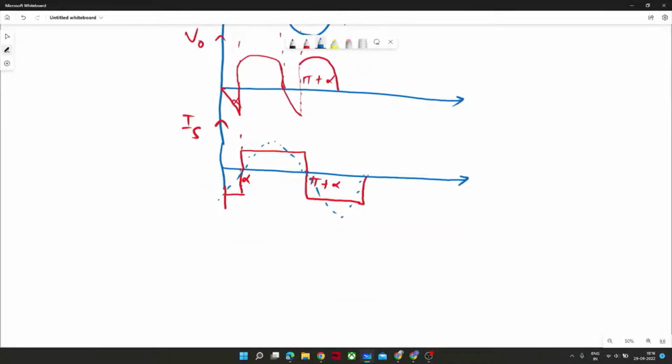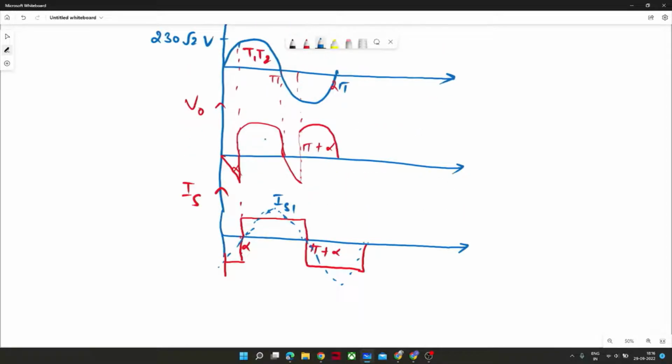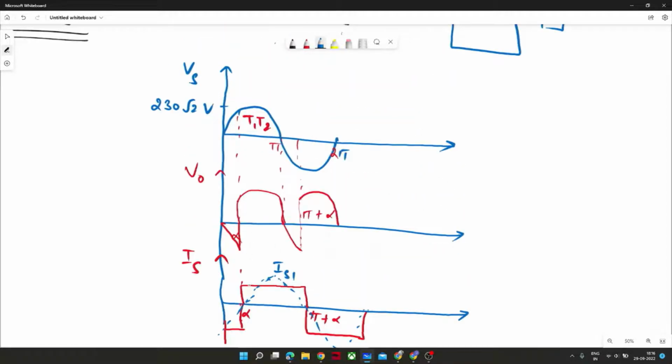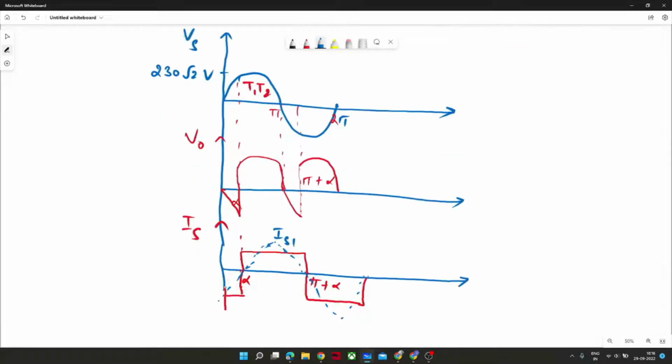So this blue one, what you are observing, this is IS1. VS is anyway sinusoidal, and for IS1 I have shown you how you can obtain a sinusoidal waveform from a square waveform, and you can easily observe that the phase difference between these two waveforms is alpha, right? Here alpha, this much phase difference between these two.